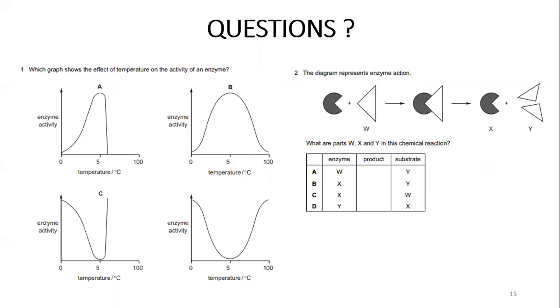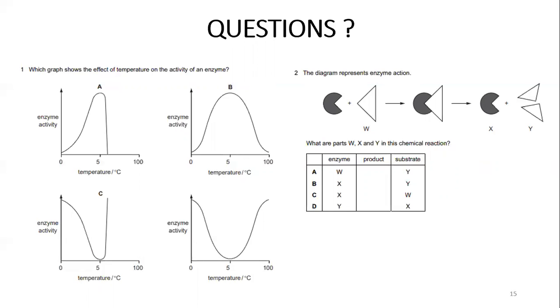Second one, the diagram represents enzymatic action. You have to identify which one is the enzyme, which one is the product, and which one is the substrate. We will see what W is here. Which one? And which one is X?